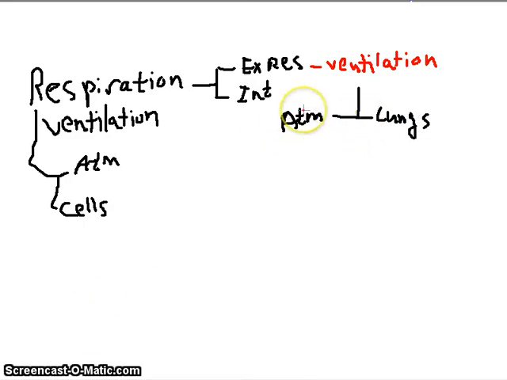Furthermore, external respiration presents also the exchange of gas between the alveoli and the capillaries. Furthermore, it presents the gas carried in the blood.